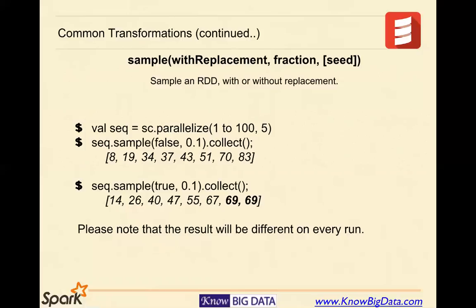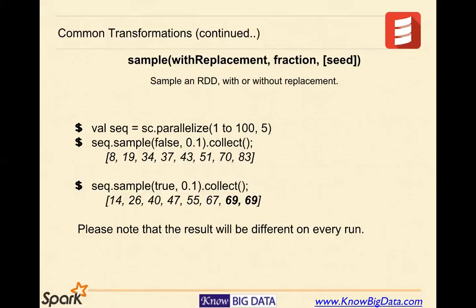The way it is designed is, imagine that you have to pick 50% of the records. What would you do? You will go to each record and throw a coin. If it's head, you pick it. If it's tail, don't pick it. So that's how you pick 50% of records in a distributed way.